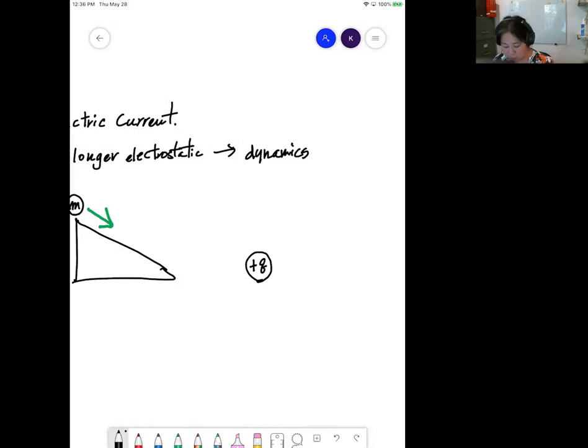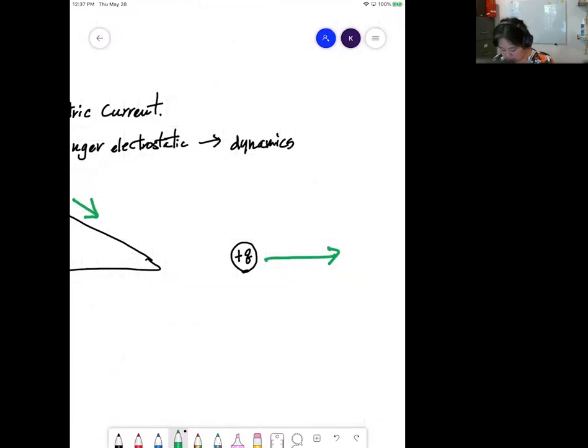All right. So this plus Q charge will move from higher voltage to lower voltage.